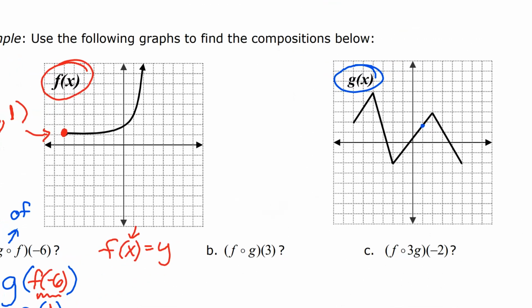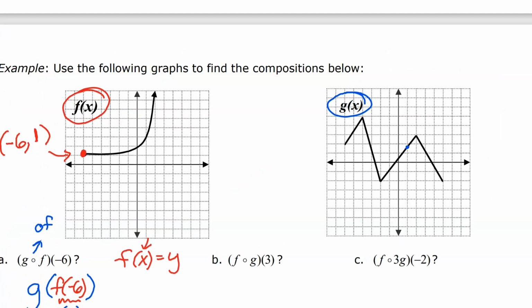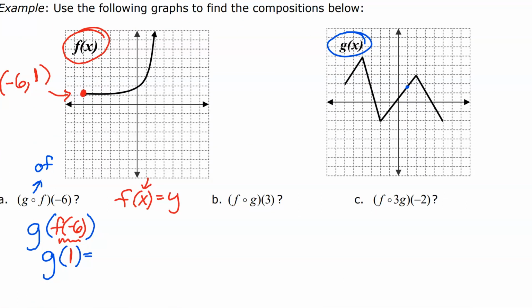Now if a question like this is on a quiz or a test, I'm not going to mark you wrong if you put 2. Just know that it isn't quite on the graph right there. Okay, g of 1 would just give us 1.75, so that's an approximation for that one.